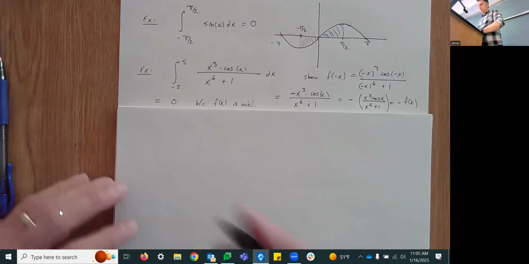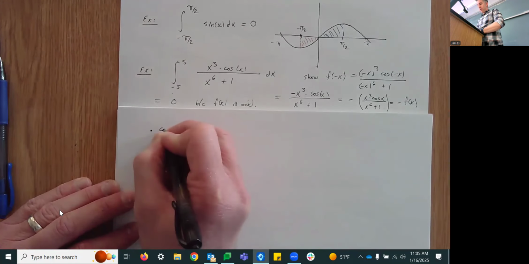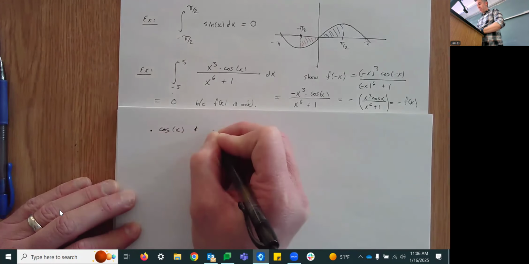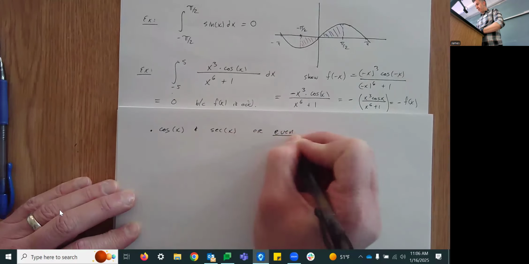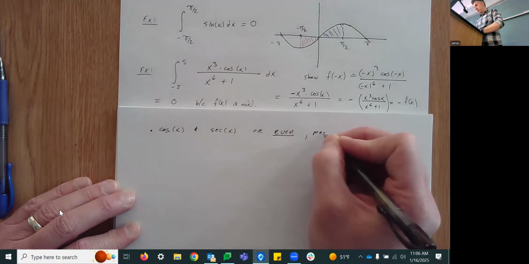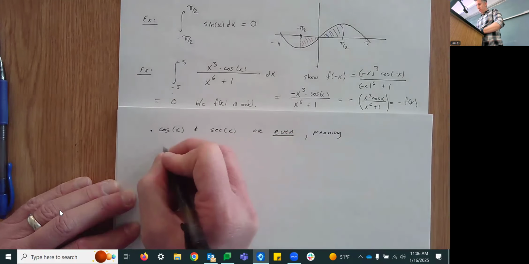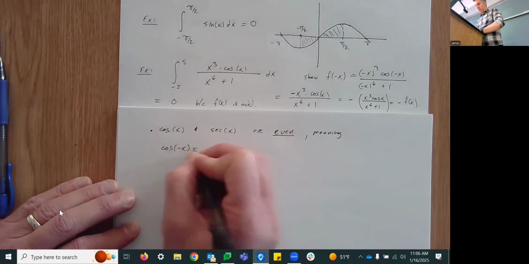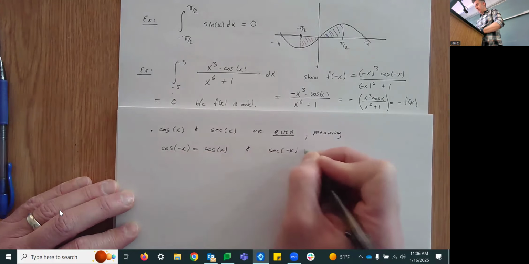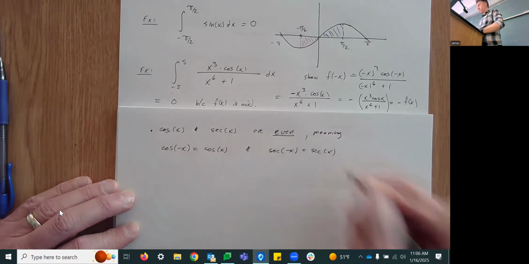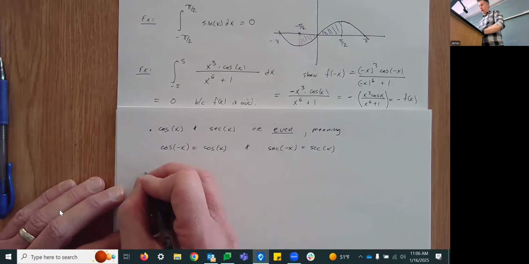Cosine of x and its reciprocal secant of x are even functions, meaning that cosine of -x is equal to cosine of x and secant of -x is equal to secant of x. The other 4 trig functions are odd.